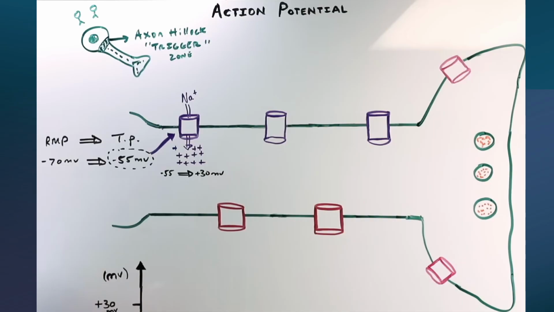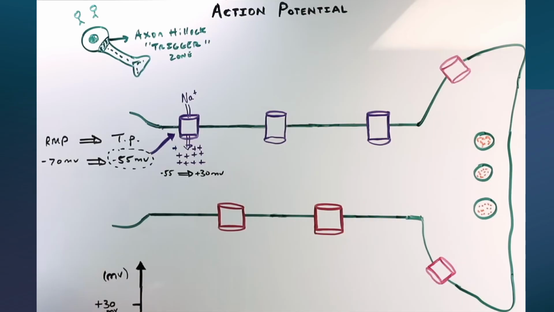That voltage being negative 55 millivolts. So once we hit the threshold potential of negative 55 millivolts, the first few sodium voltage-gated ion channels open up since we reach the threshold. And what happens is sodium starts rushing into the cell, making it more and more positive.